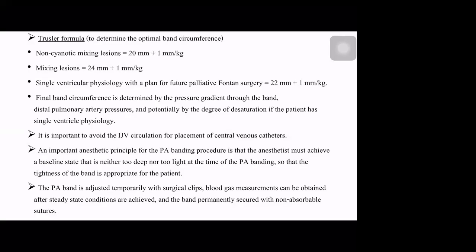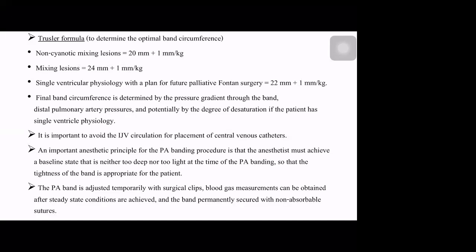And the third category is single ventricular heart physiology with a plan for future palliative Fontan surgery, that is Tricuspid Atresia. The formula is 22 mm plus 1 mm per kg body weight. So these are 3 formulas for 3 different types of lesions posted for PA banding.